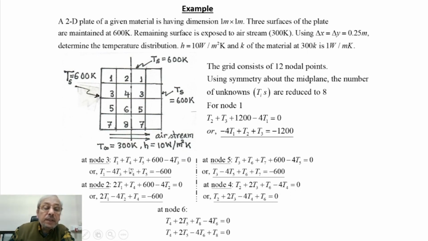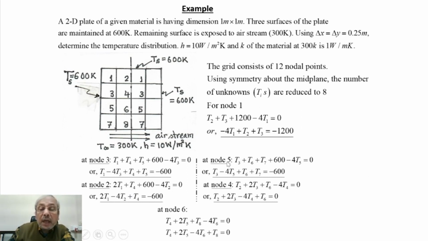Again we can rearrange and place this 600 on the right hand side. Then at node 2, this will be T1 plus T1 plus T4 plus 600 minus 4T2 equal to 0, and we can rearrange again as twice T1 minus 4T2 plus T4 equal to minus 600.